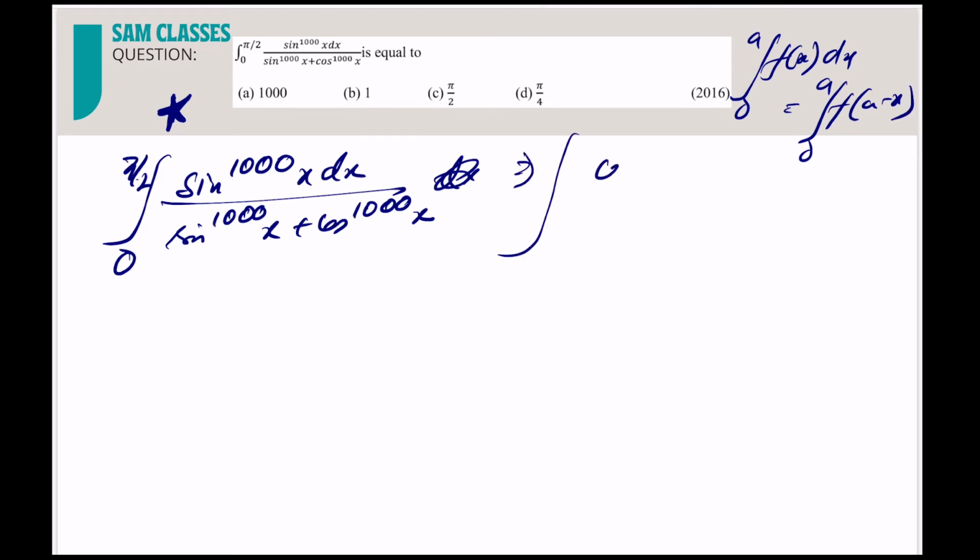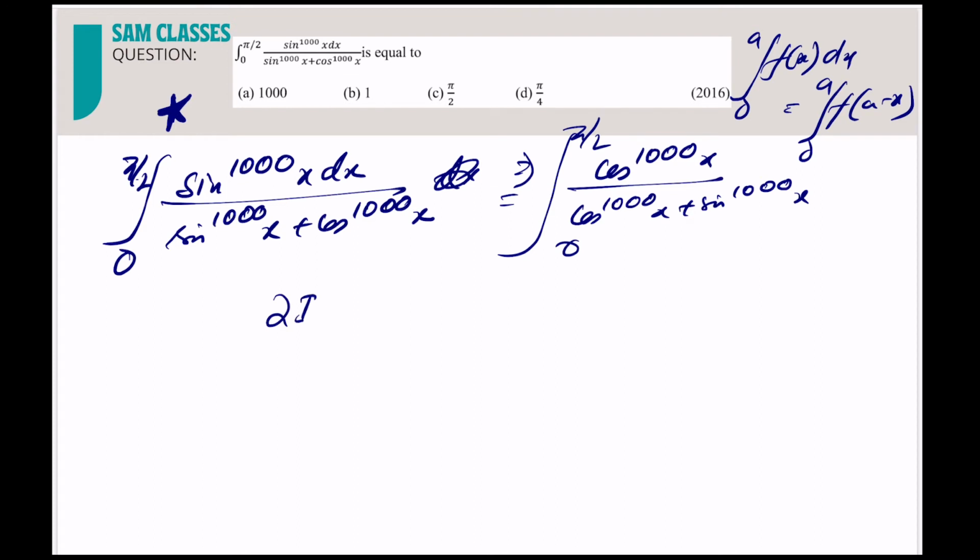So I'll be able to generate cos of 1000x, by the same thing downward, cos of 1000x plus sine of 1000x. Okay, if I add these two, this is also I. So 2I will be equal to, this whole thing will be 1, 0 to pi by 2. So directly I will be nothing but the answer will be pi by 4.